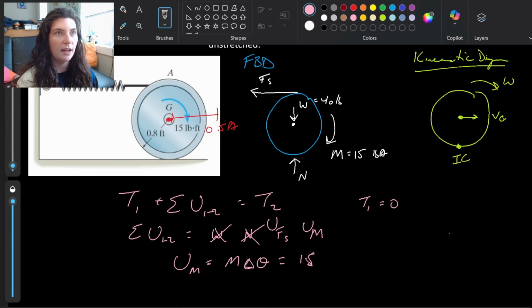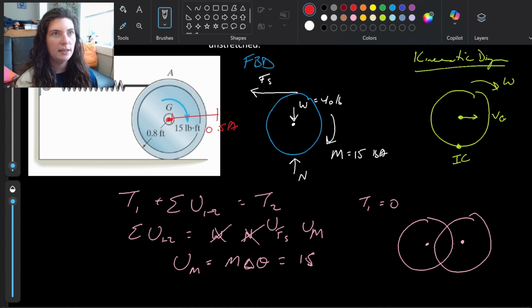So if we write this out, we have this guy, then he moves over here by half a foot, where the point that we had here is rotating down along this way in the direction of the moment. So now we end up somewhere maybe over here. And so how can we relate those points?